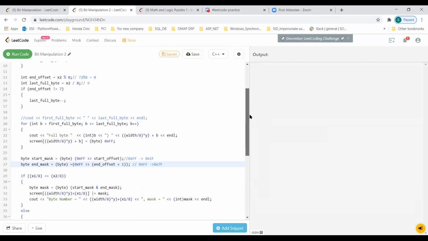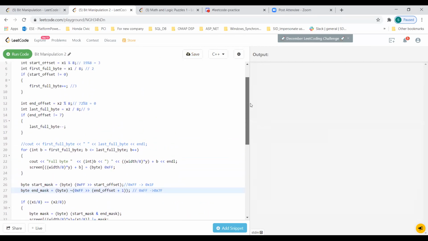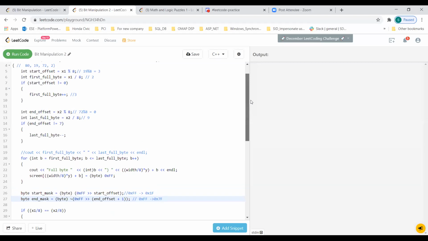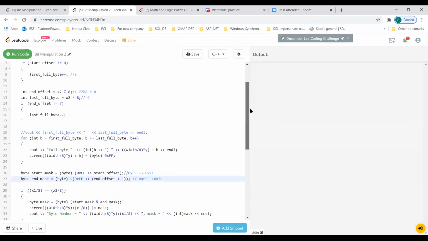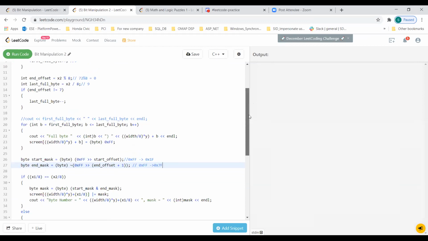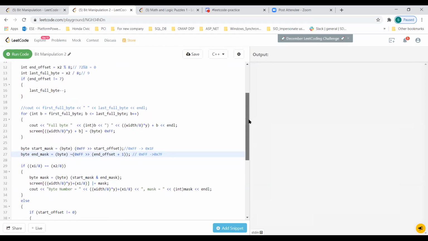So why is that one there? If I shift this by 1, it will be 0, so it should be again 0. But anyway, I'm not going to have any byte mask here.